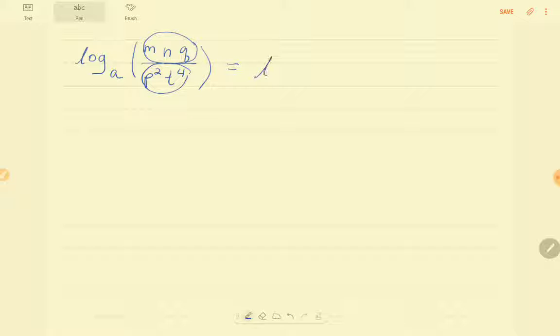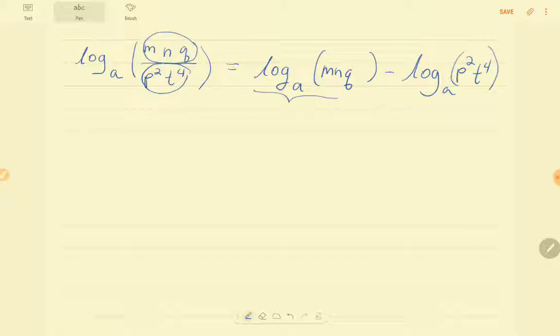So I'm going to look at this as the top and this is the bottom. I'm going to rewrite this as the difference of 2 logs of base a, with the numerator first and the denominator second. And then we can expand this even more.